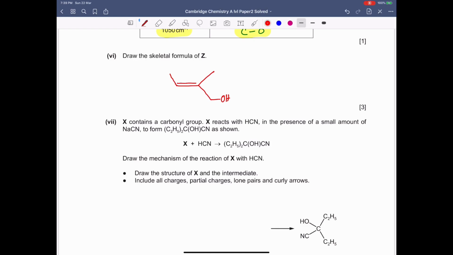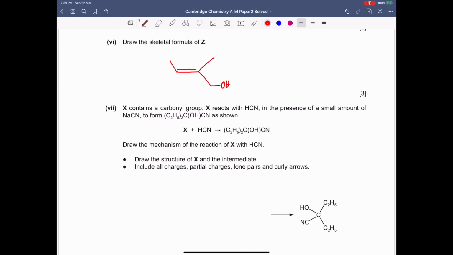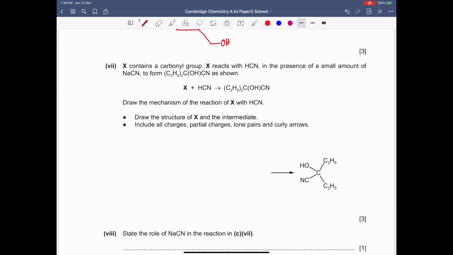Draw the mechanism of the reaction of X with HCN. Alright, from this structure we are already getting the understanding that we have C2H5, C=O double bond, C2H5.